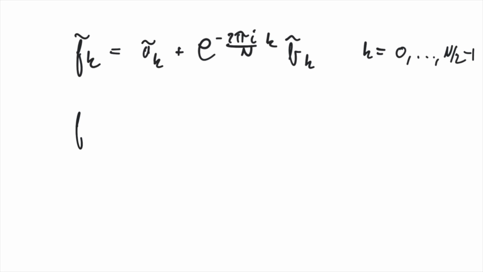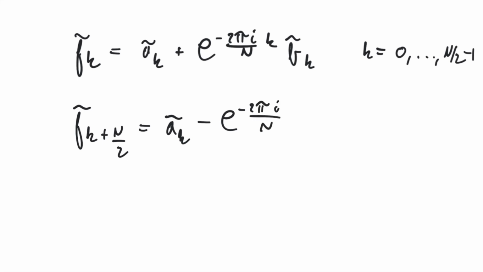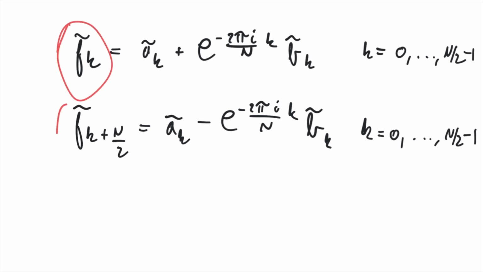Then if k is larger than n over 2, what we have to do is just invert the sign before the twiddle factor. Again, this holds for k from 0 to n over 2, but now we are computing the second half of the transform. So essentially, we have reduced the problem of computing fk to computing two halves of fk and then recombining them, and this can be done in linear time.